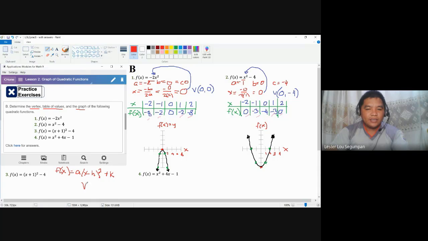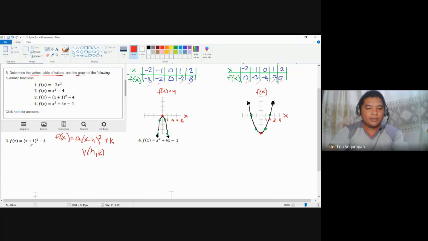And your vertex is determined by the value of h and the value of k. We can still use the formula to determine the vertex, similar to number 1 and number 2, but of course, we just use here the concept of the vertex form.